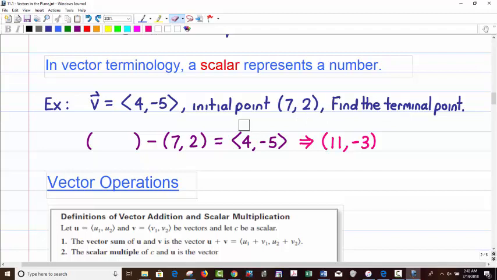So I set this up as saying the terminal point, which is unknown, minus the initial point would equal (4, -5). If you move this over, 4 plus 7 would be 11, and then -5 plus 2 would be -3. You could double check that: (11, -3) minus (7, 2) would give you (4, -5). So that's not too difficult.